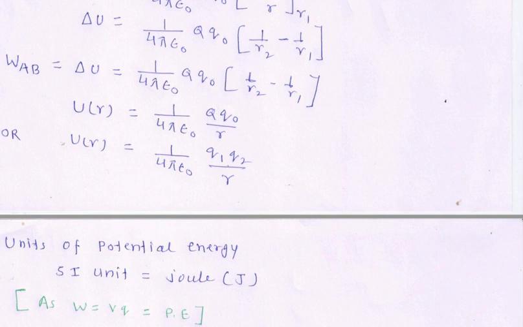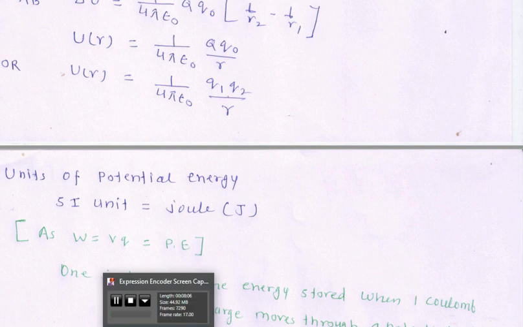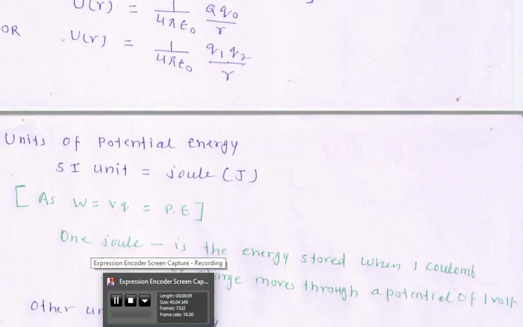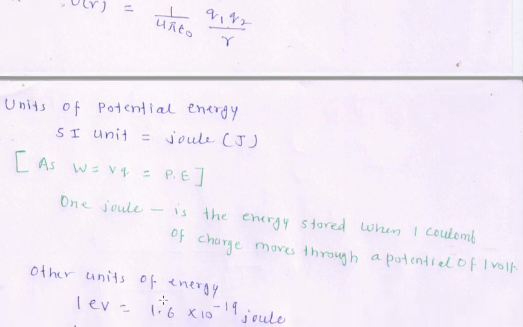The units of potential energy: the SI unit is the joule. We can define the SI unit using the fact that work done is equal to VQ, which is stored as potential energy. So 1 joule of potential energy is the energy stored when 1 coulomb of charge moves through a potential of 1 volt.